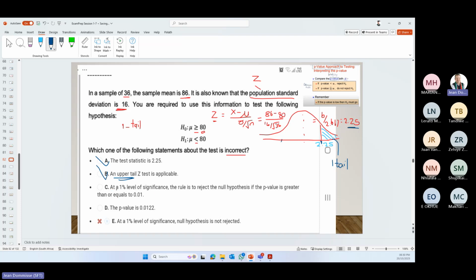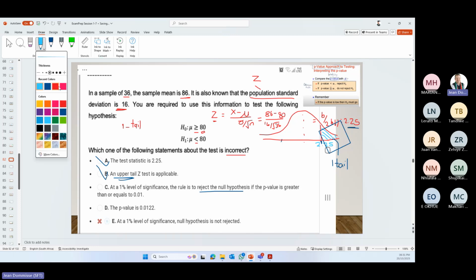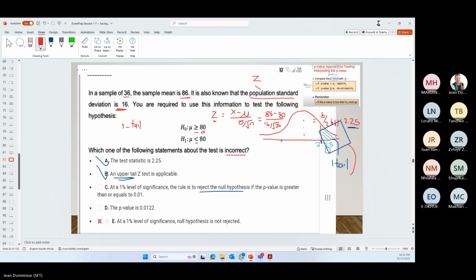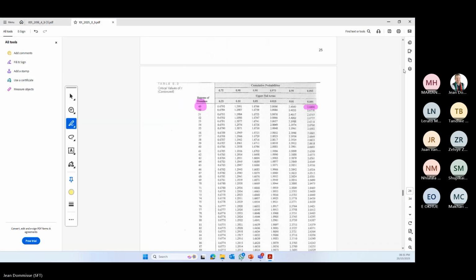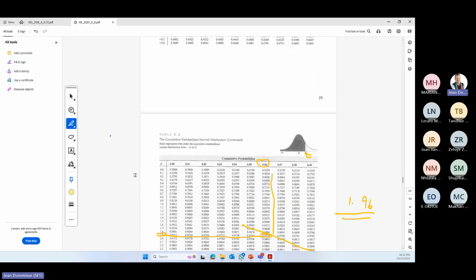Now we need to say if we reject or not. But before that, let's work out the p-value. We're looking at 2,25, so we go back to our z table.